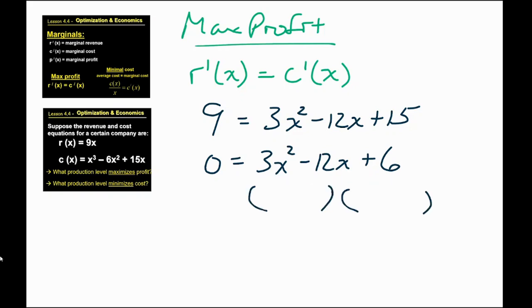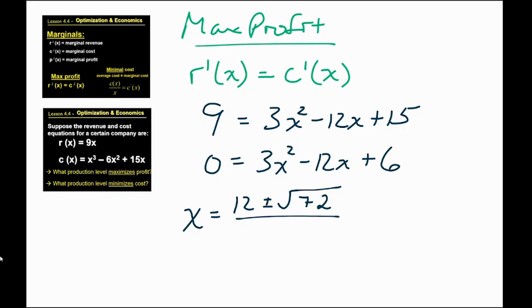Perhaps you can factor it. It turns out that this is not factorable if you study the numbers enough. So yeah, we can go to the quadratic formula. I'm not going to rewrite the whole quadratic formula, but it is the opposite of b plus or minus the square root of b squared minus 4ac, which comes out to be 72, and it's all over 2a, which would be 6. If you simplify this, you end up getting basically 2 plus or minus root 2.